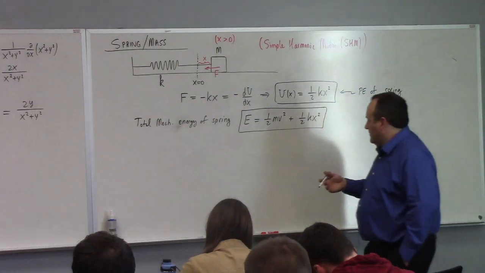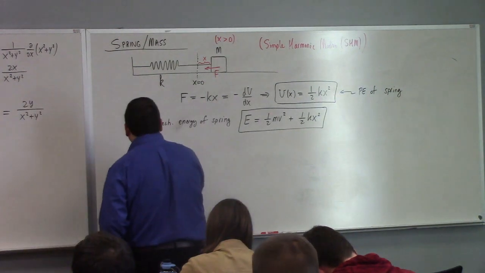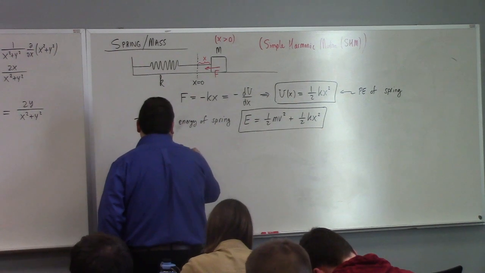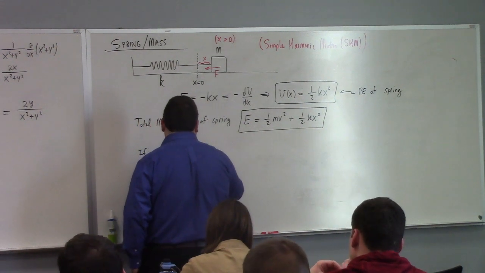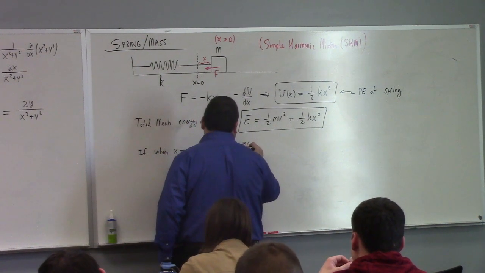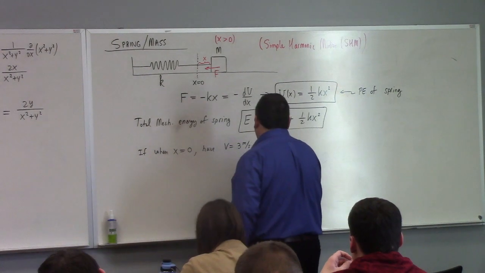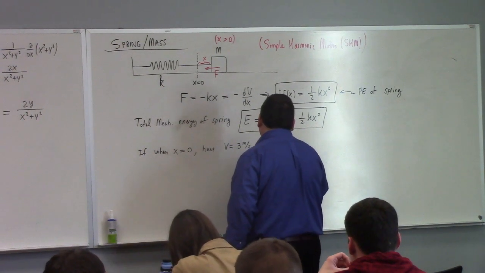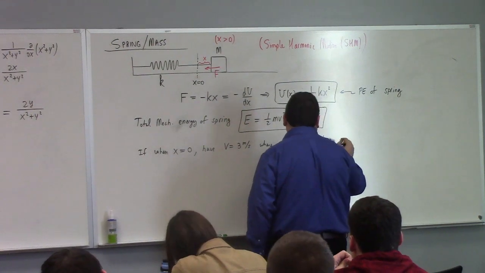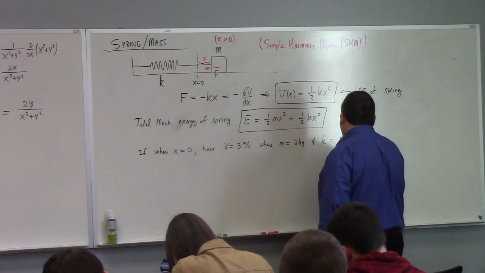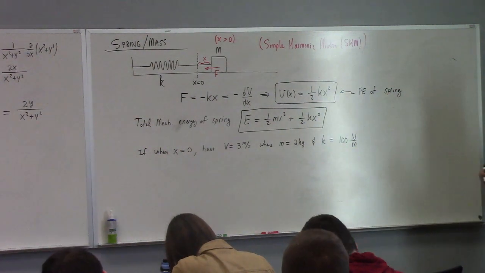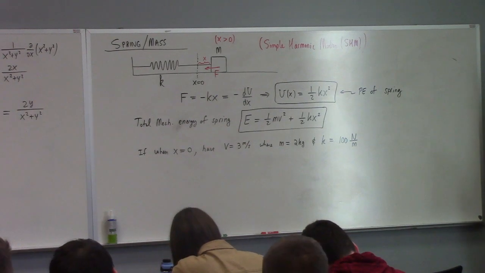Let me put some examples here. When x is equal to 0, let's say v is equal to 3 meters per second, where m is equal to 2 kilograms, and k is equal to, just make up something here, 100 newtons per meter. k has to have units of newtons per meter because k times x is a newton.